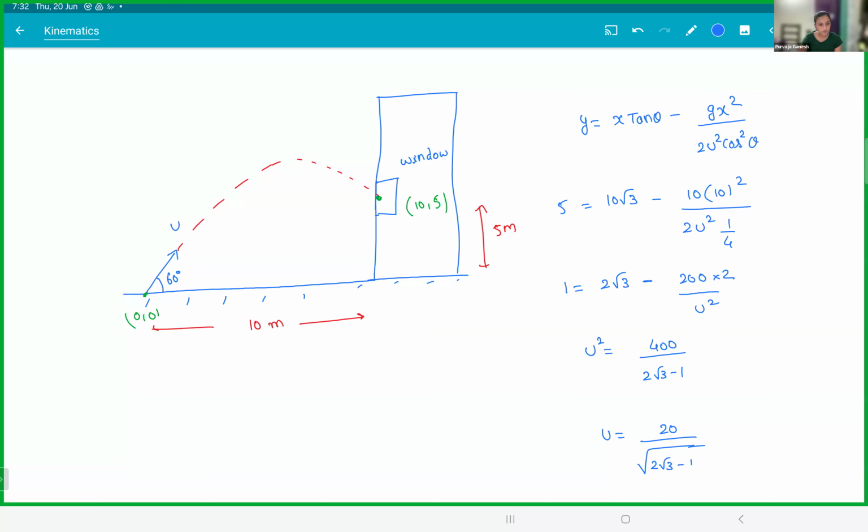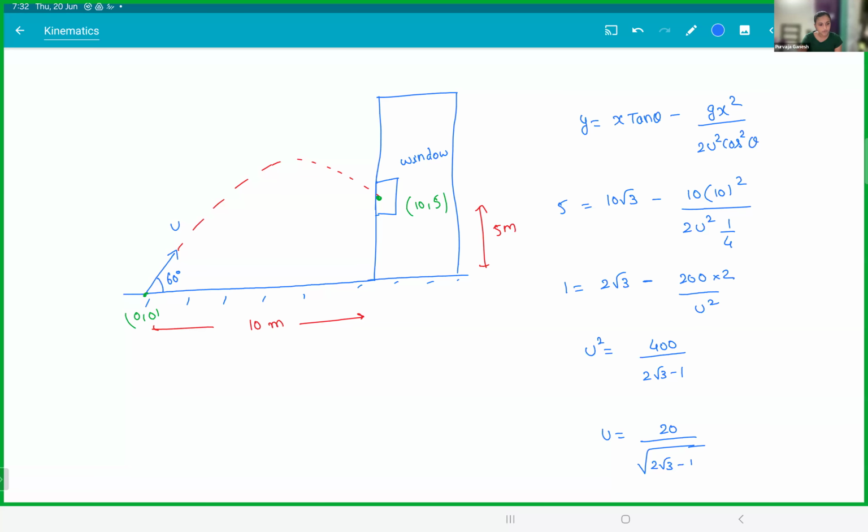And just now we derived the time of flight formula: 2h by gravity. But remember, gravity became 2g. So this will be h by g, which is u square sine square theta by 2g into g. That would be u sine theta by g root 2.